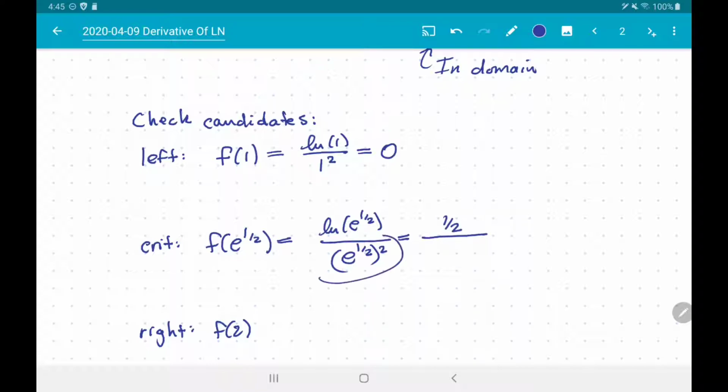The denominator also simplifies actually into just e. And using the calculator, you can compute that this is 0.183, well, 0.184.